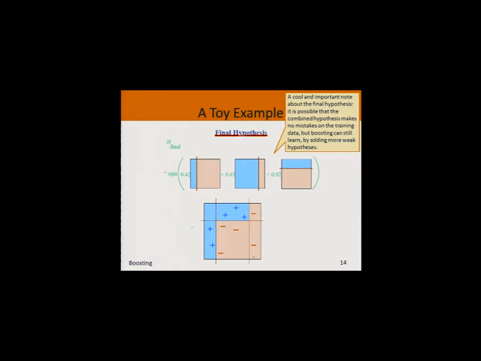I don't care where from. In practice, you will have a class of hypotheses from where you're getting them, right? But in theory, there's no restriction on what is the set of weak hypotheses. It's only that at any point in time, when you're looking for a weak hypothesis, there exists one.